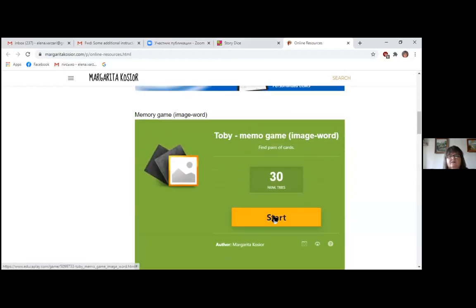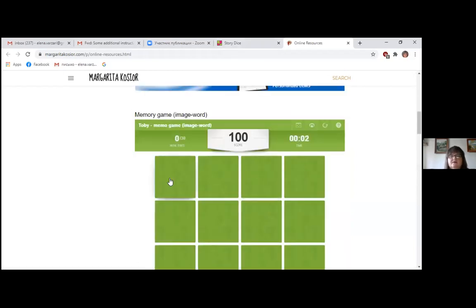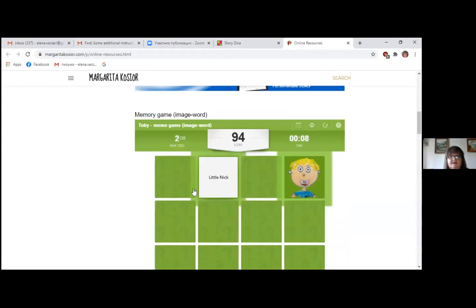Just like this, and you can find, you know, okay, this one is Little Nick, I guess, and then you get points. Students will play like this.